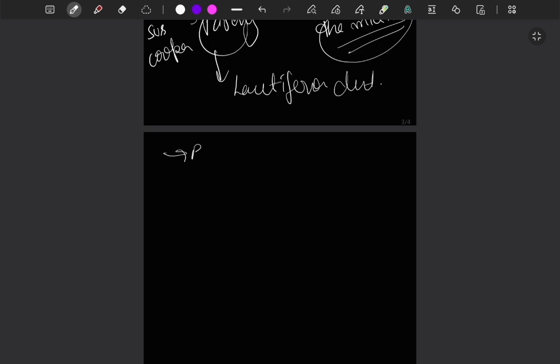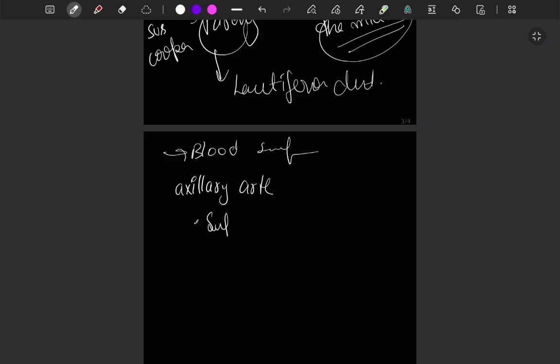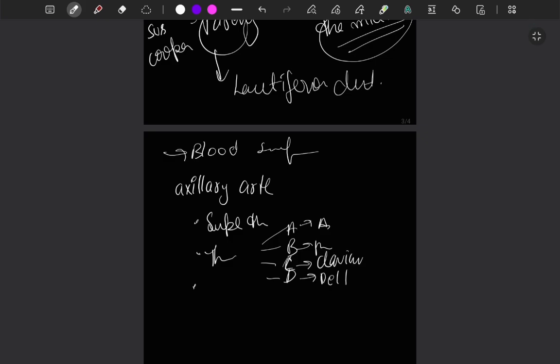Now talking about the blood supply of the breast. It's basically from the axillary artery, from the superior thoracic artery, and the thoracoacromial artery, with branches acromial, pectoral, deltoid, and clavicular, and then there is the internal thoracic artery as well.